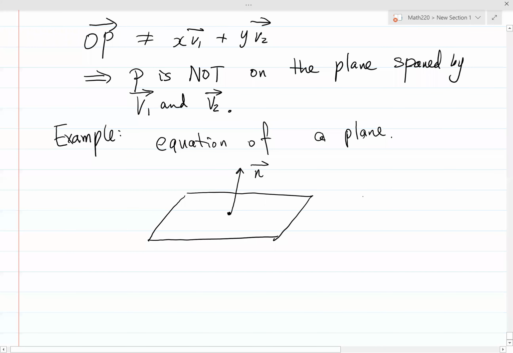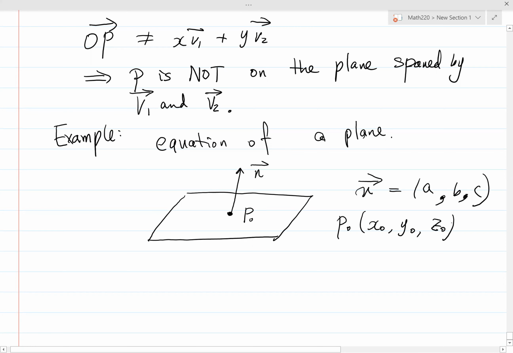Suppose n is (A, B, C). We have a vector in the direction of ABC. Now suppose we have a point P0. P0 has coordinates x0, y0, z0.